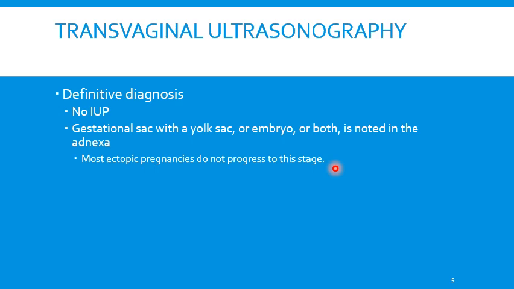In practice, this means that the first transvaginal ultrasonography may not give a definite diagnosis. That is why, as I have already mentioned, you need serial transvaginal ultrasonography supplemented by serial HCG estimation.